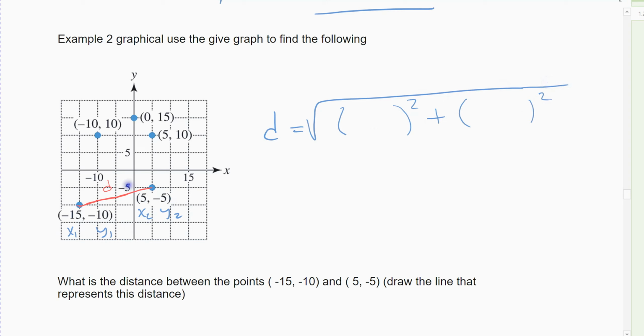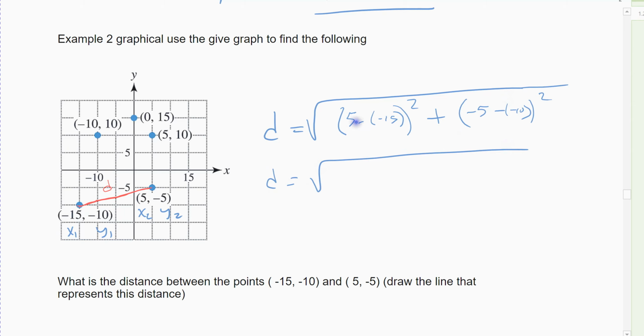We take x2 minus x1, so -5 minus a negative 15. Then I take y2, which is 5, minus y1, which is negative 10. So be careful with the negatives. There's lots of negatives going on here, and negatives are my Achilles heel.